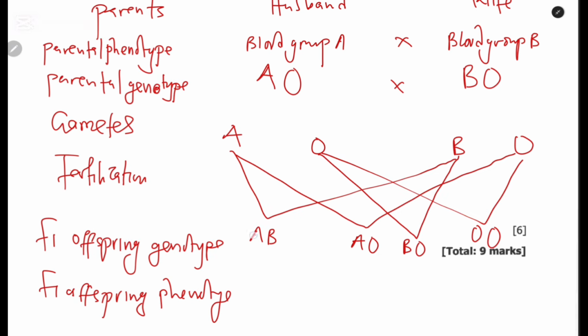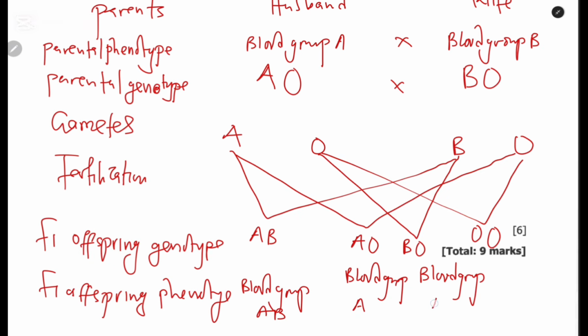What are the phenotypes? The outward expression. So this is blood group AB. Then this is blood group A. This is blood group B. This is blood group O.